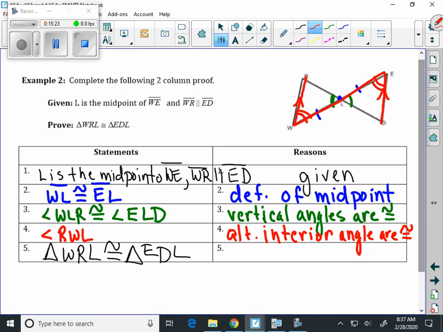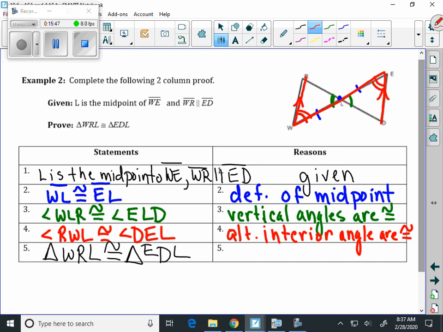So over here on the other side, I'm going to do DEL. And I need to step back and just make sure that I got that okay. RWL, yes. DEL, yes. Gives us the alternate interior angles are congruent.